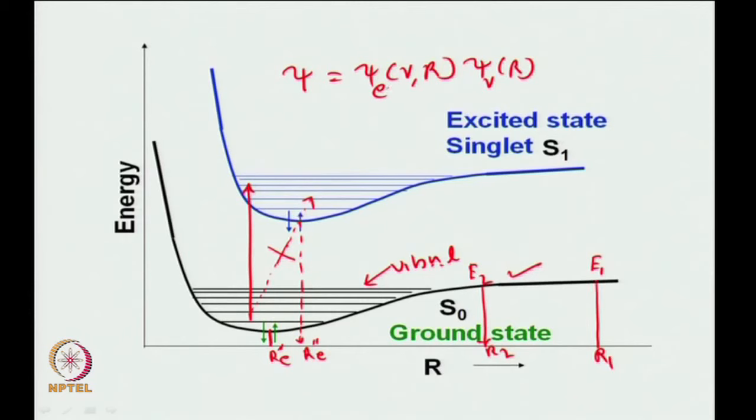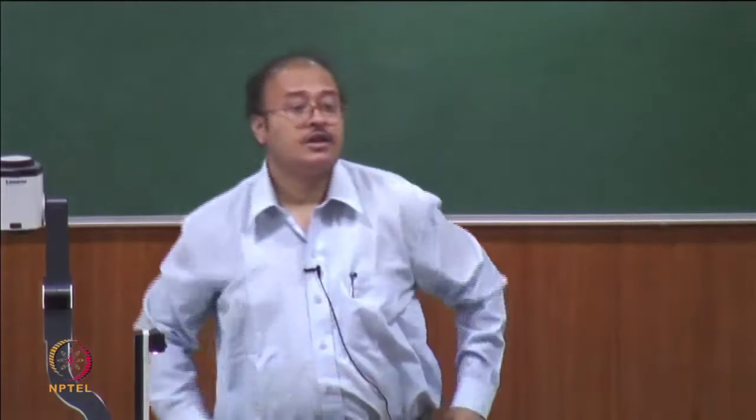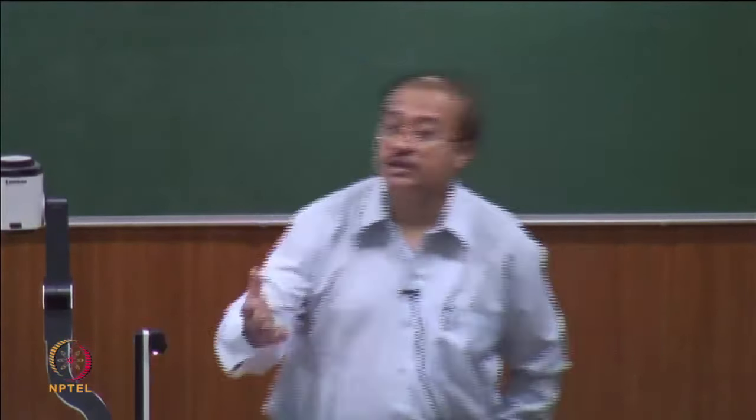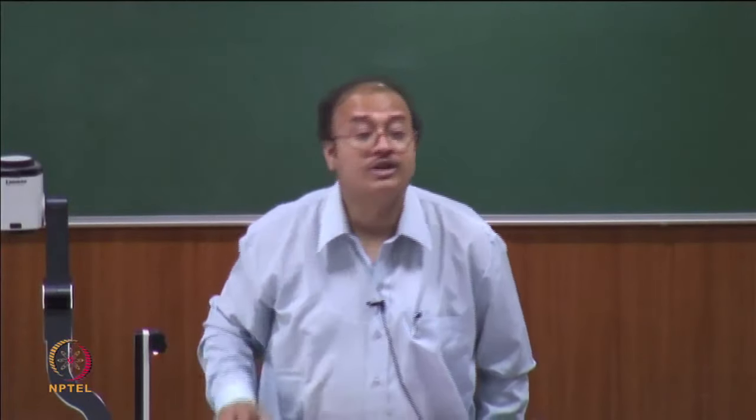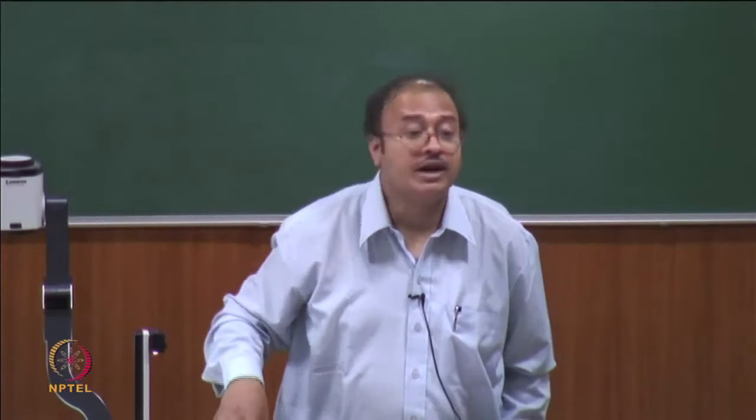What are the two coordinates? One is small r, and the other one is big R. What is small r? Small r is the distance between the electrons, the interelectronic distance, right, or it is the distance of the electron from the nucleus. Okay. So, it is a position of the electron. What is big R? Big R is the distance between the nuclei.